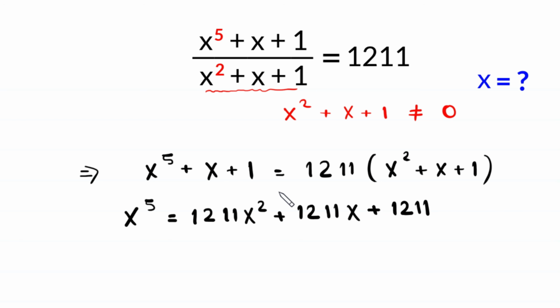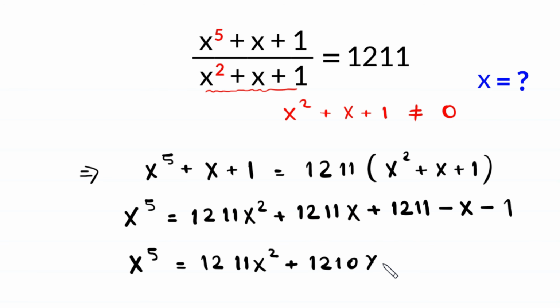This x will become negative x and this 1 will become negative 1. Further simplify, this will become x^5 = 1211 x^2, and 1211 x minus 1 x will become plus 1210 x, and 1211 minus 1 will become plus 1210.